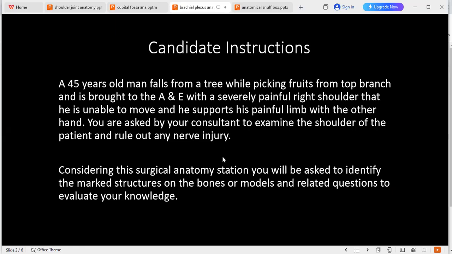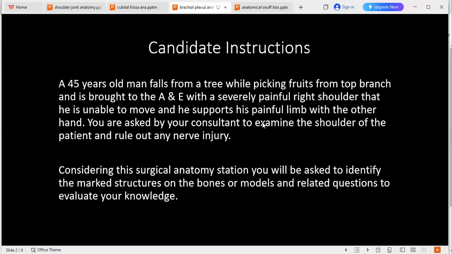I think it is traction injury, so it may be Erb's palsy, affecting upper roots C5 and C6. When you examine the patient, what motor and sensory loss you should see there in order to appreciate the injuries of the person?